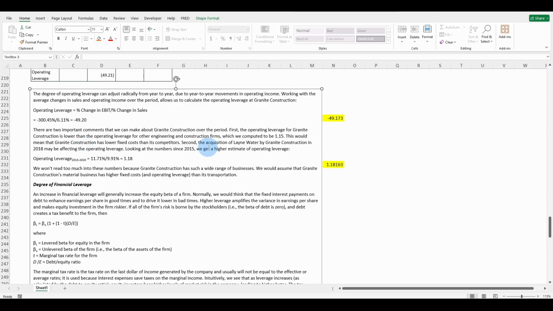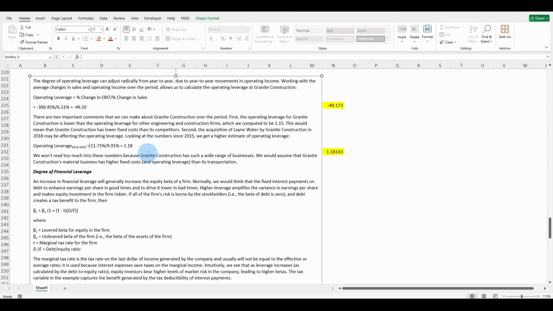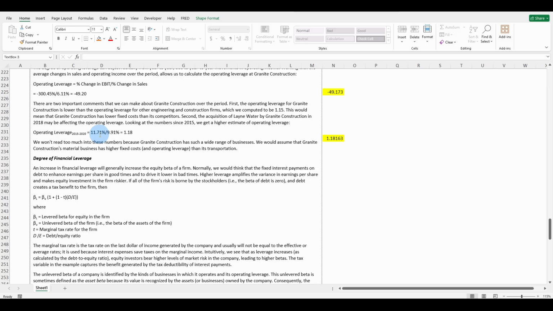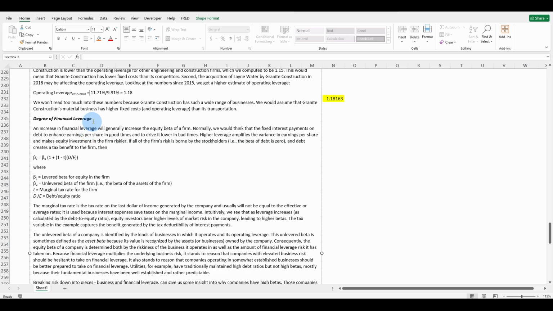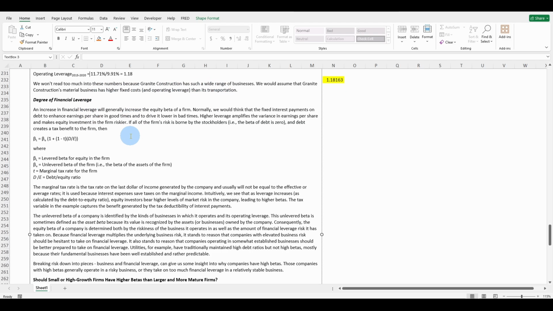Second, the acquisition of Layne Water by Granite Construction in 2018 may be affecting the operating leverage. Looking at the numbers since 2015, we get a higher estimate of operating leverage equal to 1.18. We won't read too much into these numbers because Granite Construction has such a wide range of businesses. We would assume that Granite Construction's materials business has higher fixed costs and operating leverage than its transportation business.